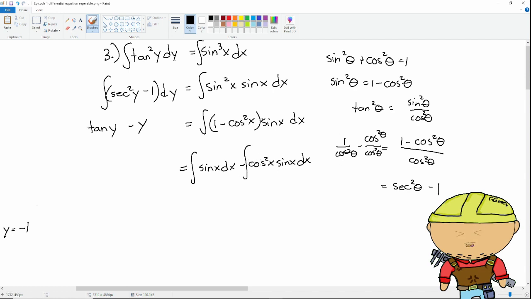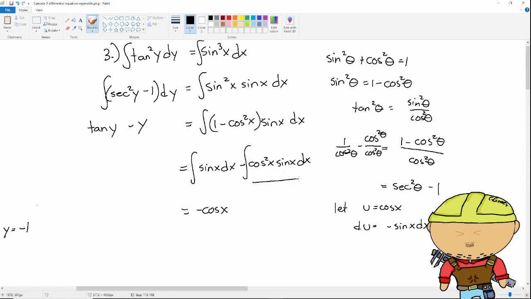The integral of sine x dx is negative cosine x. And for the integral of cosine square x sine x dx, we can now substitute. Let u equal cosine x, meaning du is equal to negative sine x dx.